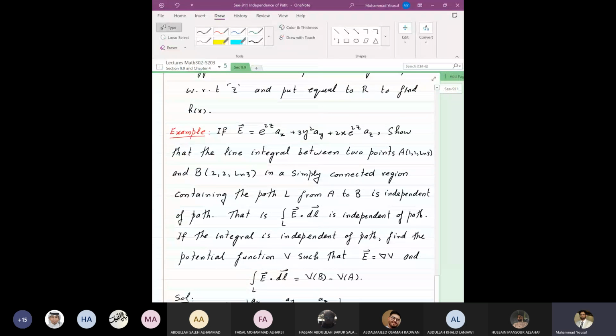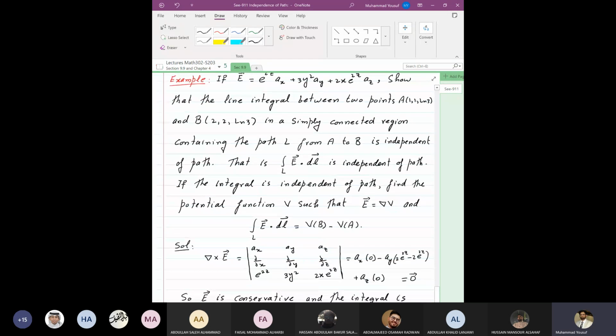And if E is an electric field, then it is conservative if it can be written as the negative gradient of V, and if it is any vector field, then simply the gradient of V.